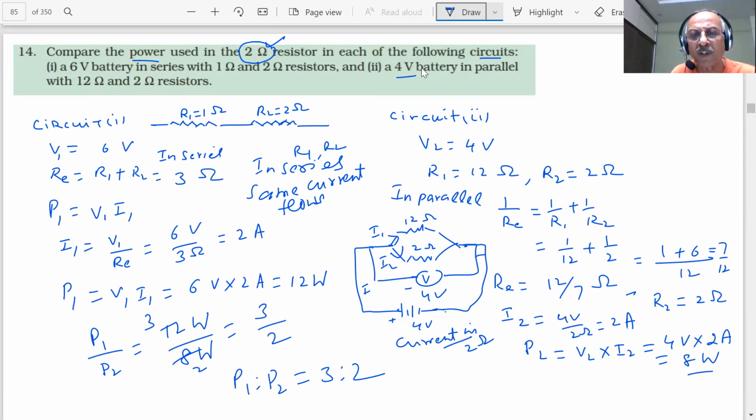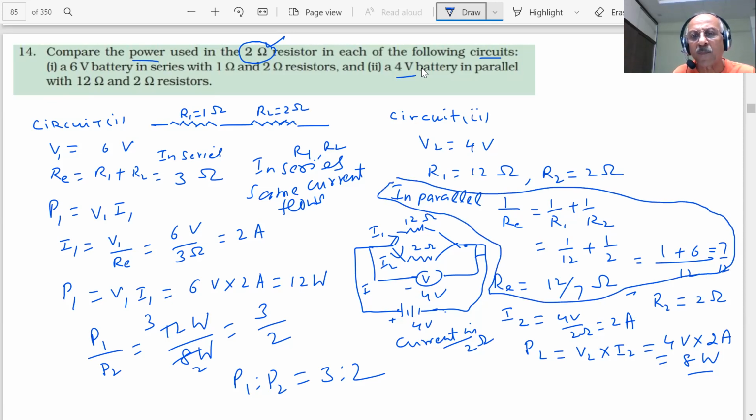The current in the 2 ohm resistor is different, and the other part we calculated is not required. Just wanted to tell you, because he wanted the power in the 2 ohm resistor, we have calculated this.